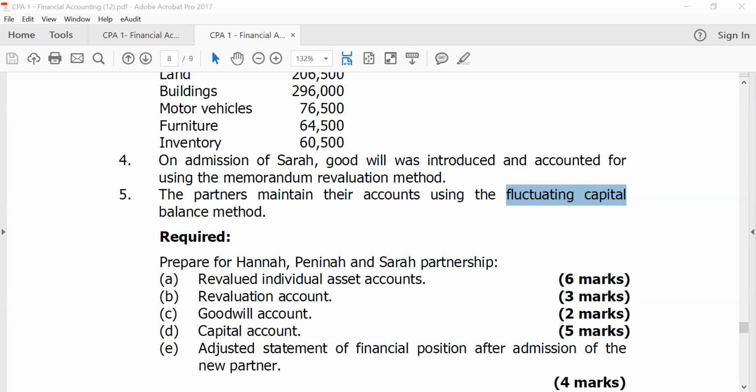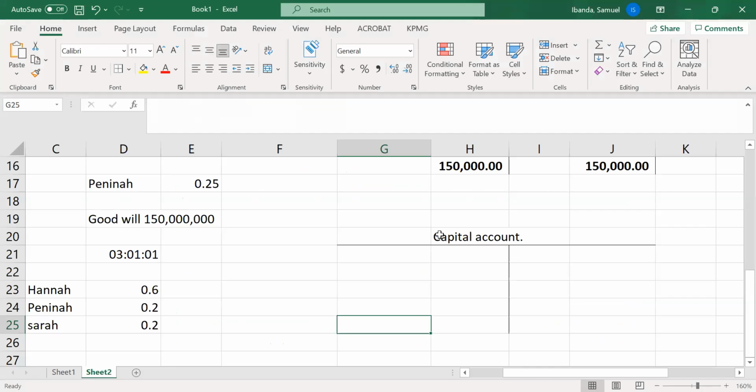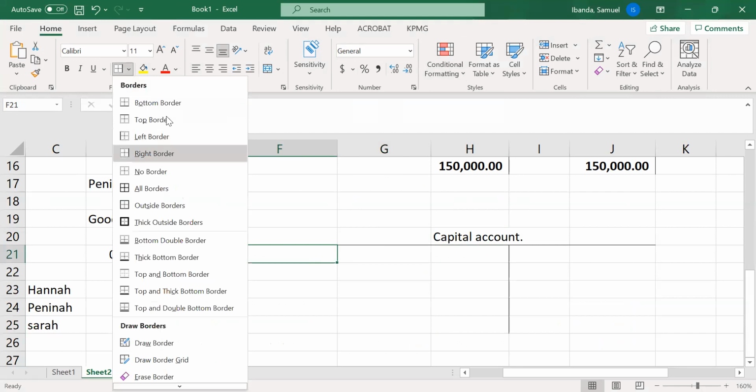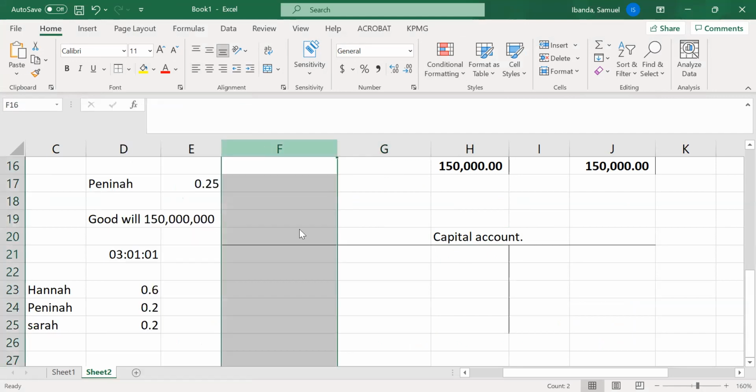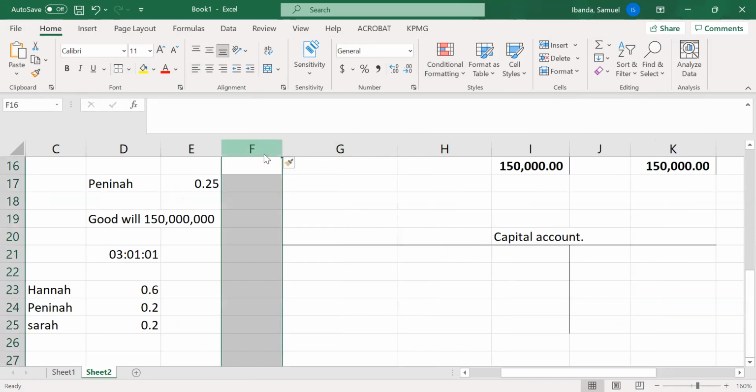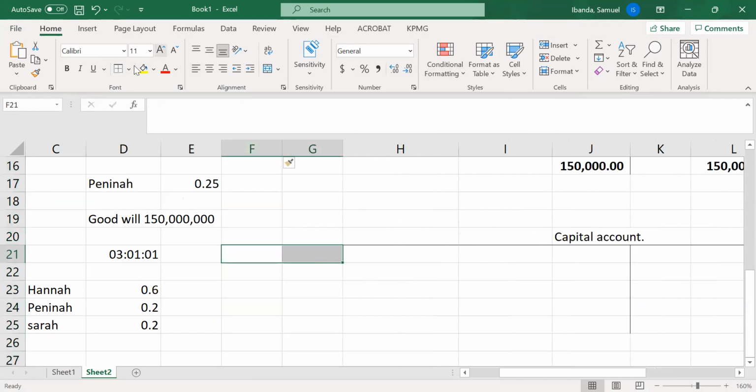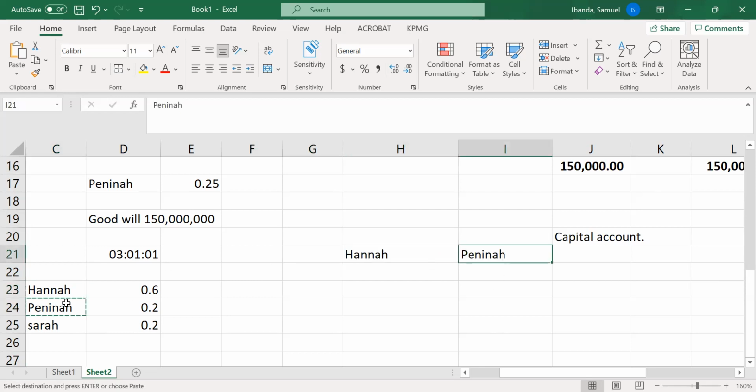So what that means is that now, for the capital account, we are going to draw it in a way that, because we now have 3 partners, we are going to have 3 columns. Here we have Hannah, we have Penina, then we have Sarah.